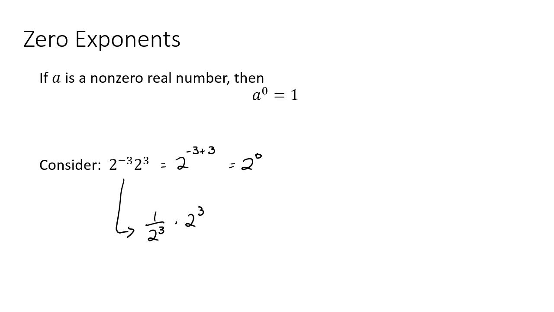And this will still be times 2 to the positive third, but that's 1 over 8 times 8, or 8 divided by 8, which would just give you 1. So in other words, 2 to the 0th power is in fact actually equal to 1. And the same process would have worked no matter what we had chosen for our base 2, which is why it works for any base a.